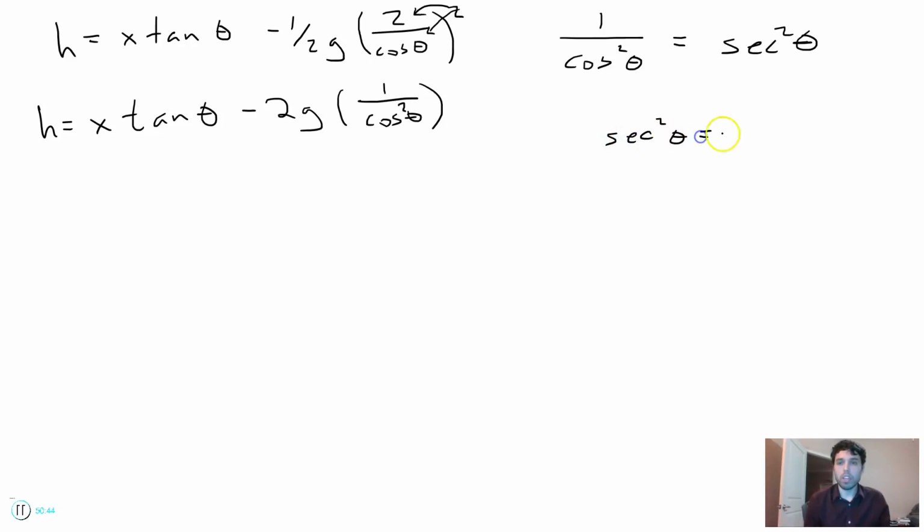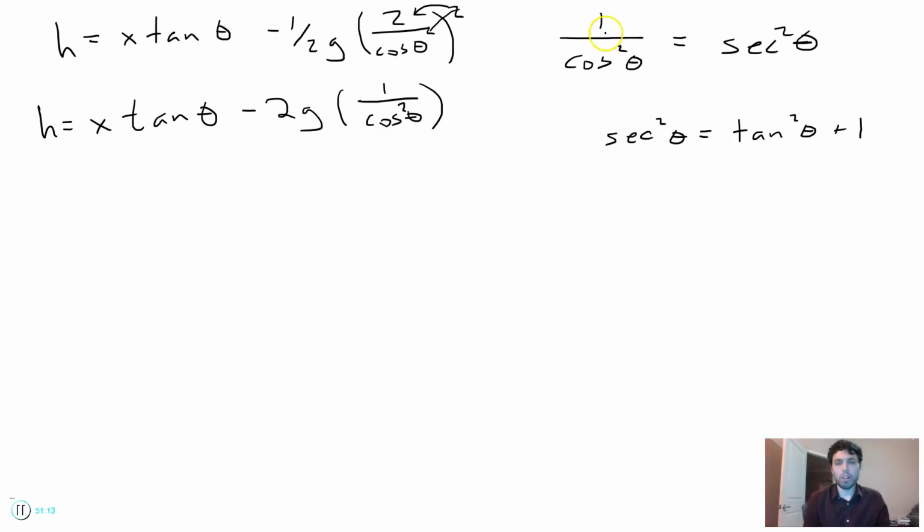So it turns out secant squared theta is equal to tangent squared theta plus 1. These have all been proven. The proofs are out there, you can look them up if you want to. But take my word for it that this equals that, and that equals this. It's helpful to get both things in terms of one trig function, like tangent in this case.